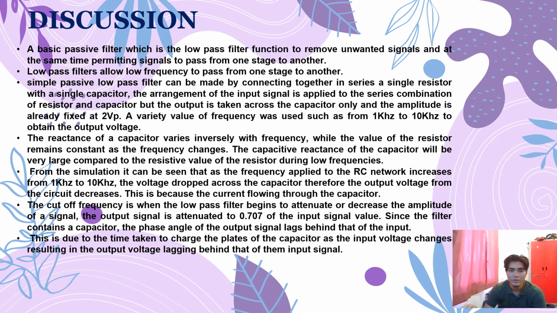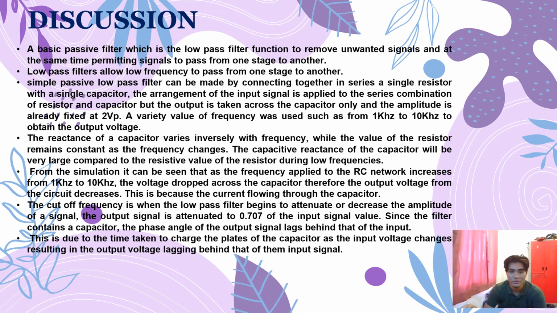The cut-off frequency is when the low-pass filter begins to attenuate or decrease the amplitude of the signal. The output signal is attenuated to 0.707 of the input signal value.